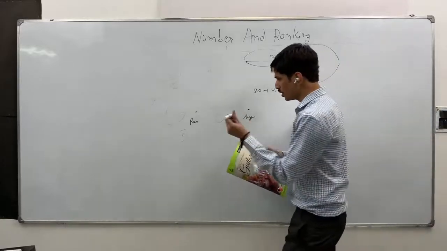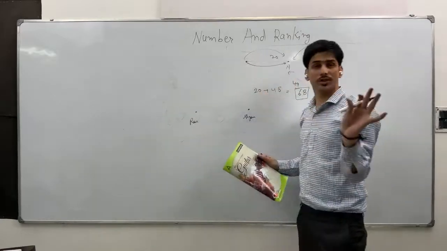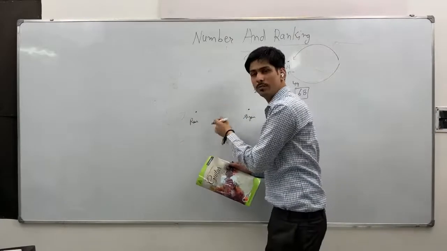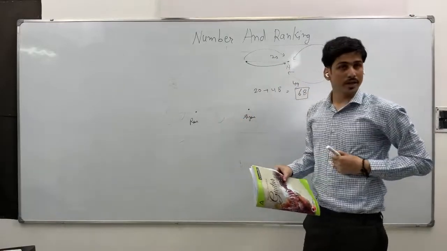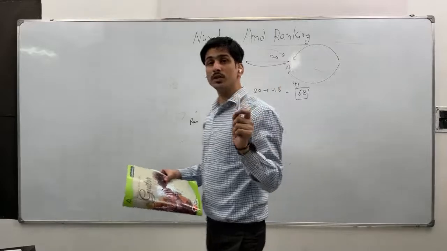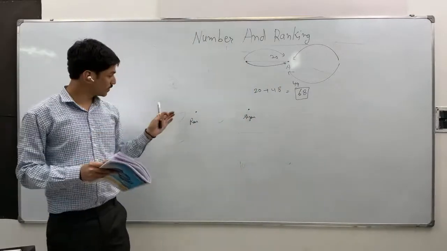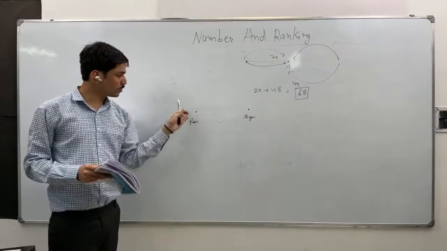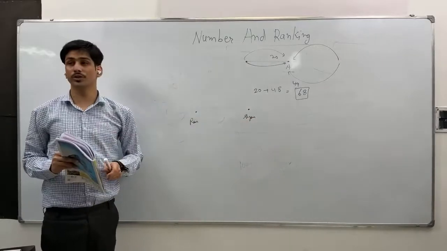Ram may be in between, but we just know there are 10 students between Syam and Ram. It means Ram cannot be the first person. With respect to Syam, if I count, Ram will come at which position?